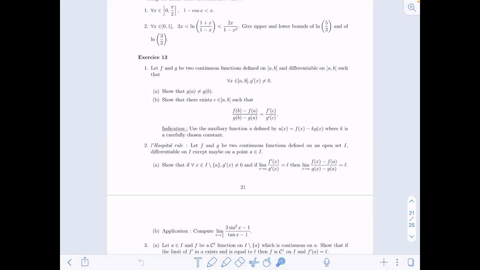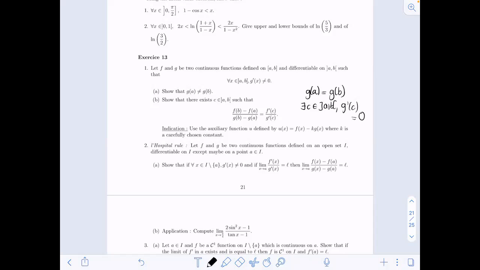Yeah, that's one of the results that we have, I think that's the mean value theorem, the thing that you've just stated. We also know a theorem called Rolle's theorem, which tells you that if you have g(a) equal to g(b), then there exists c in the open interval such that g'(c) is equal to 0.